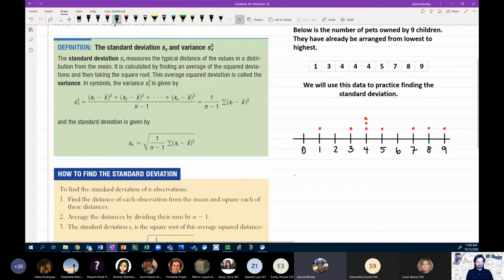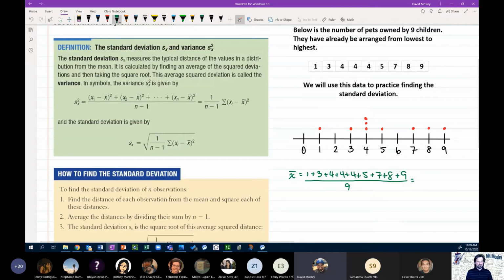We'll use our notation for this. I'm finding x bar. That's going to be the sum of my data points divided by 9, because I have 9 of them. So I'll have 1 plus 3 plus 4 plus 4 plus 4 plus 5 plus 7 plus 8 plus 9, divided by 9.